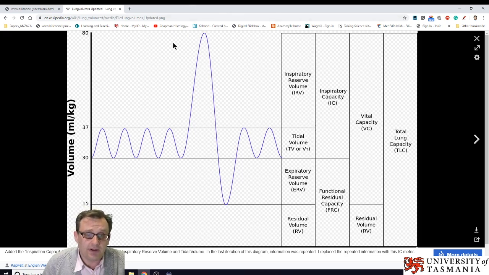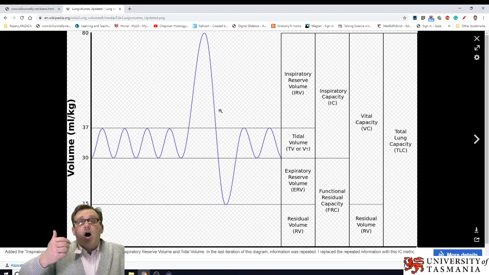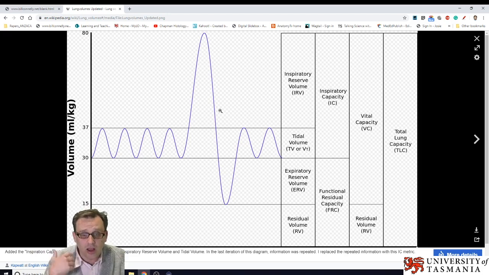Okay, so if that's our inspiratory reserve volume, then when we breathe in, and then breathe out with force, completely, we end up with what we call our expiratory reserve volume. That extra amount of air that you're able to breathe out above and beyond what you would normally breathe out in your tidal volume is what we call our expiratory reserve volume.